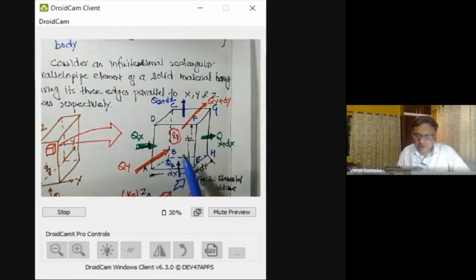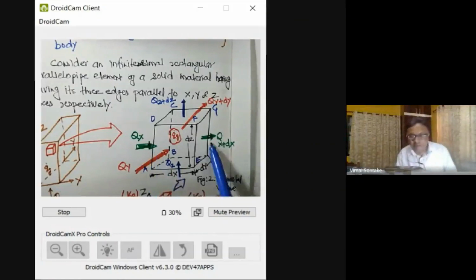It is changing while flowing over this distance dx in the path of the heat flow, and finally leaving from the right face. So this is the amount of heat which is entering, and this is the amount of heat which is leaving.